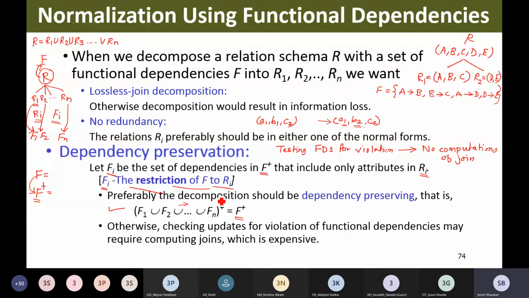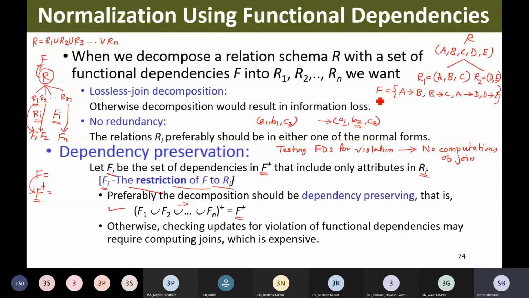Now, according to our discussion of dependency preservation, if I know this F, it is possible for me to compute F plus.